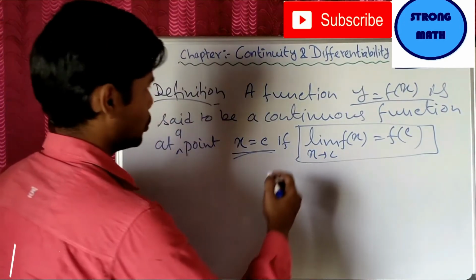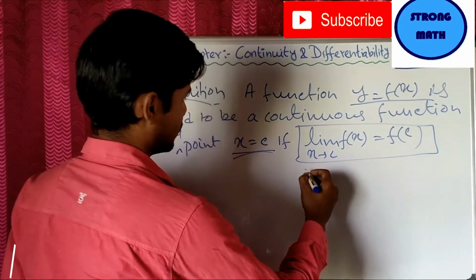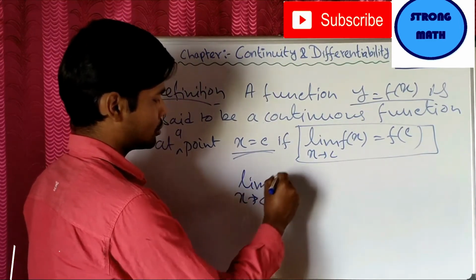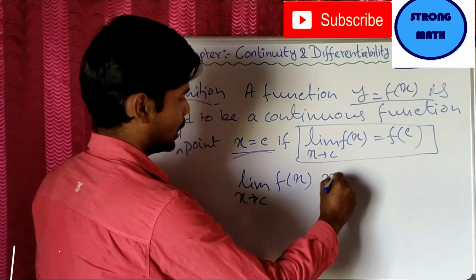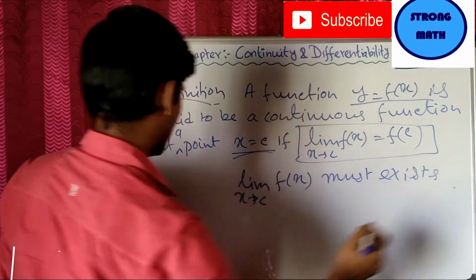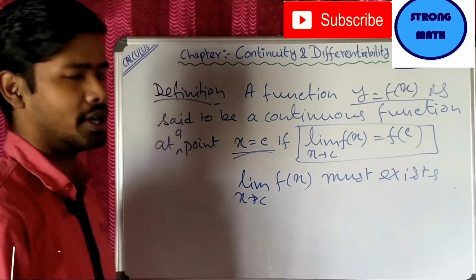So to be a continuous function, the limit at the point c, that is limit x tends to c of f(x), must exist, right? Now what is the existence criteria of limit?